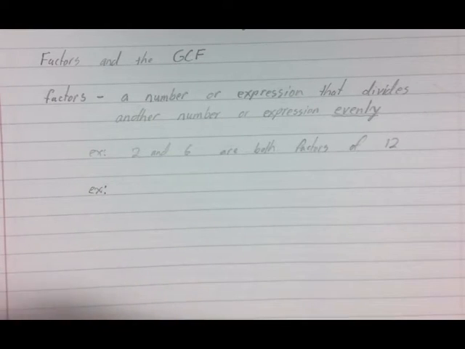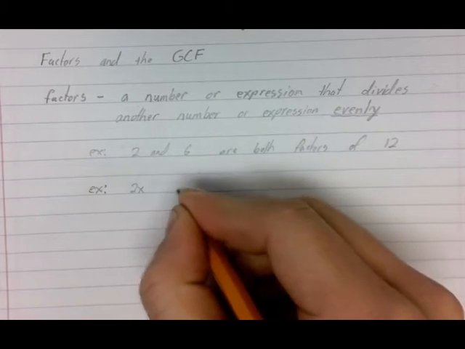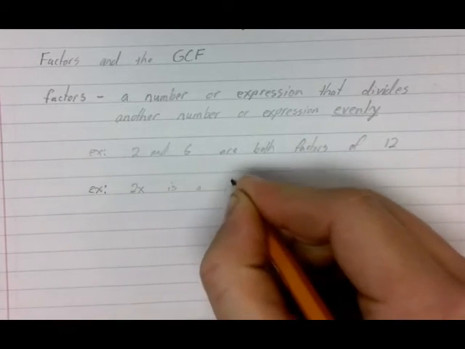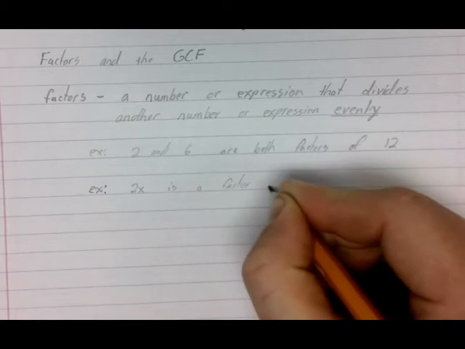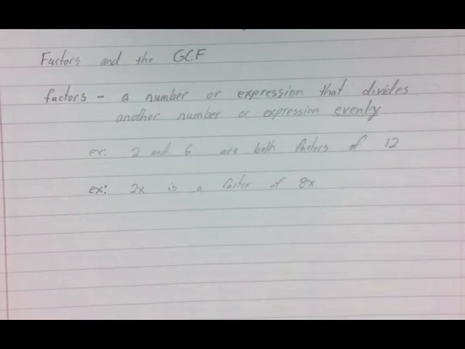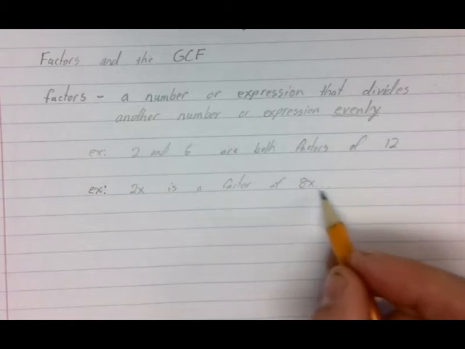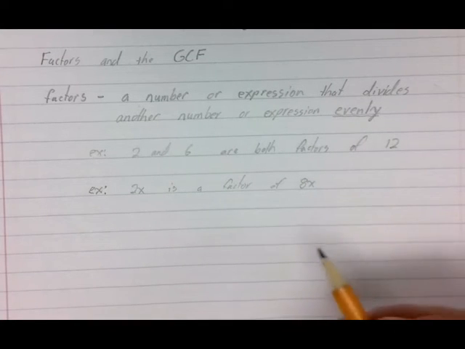Also, I can do that with algebraic expressions. So for example, 2x is a factor of something like 8x. Okay, 2x will divide 8x evenly. If I take 8x and divide it by 2x, it'll come out evenly.